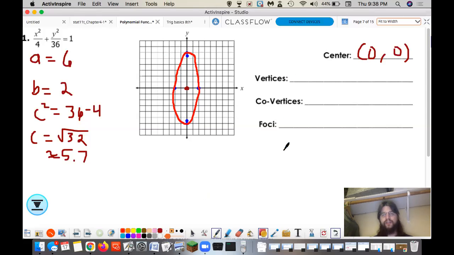Now the vertices and co-vertices and foci, read your graph. This vertex is at 0, 6. This vertex is at 0, -6. Doesn't matter which one goes first. They're just listing the ordered pairs. Co-vertices at 2, 0 and -2, 0.